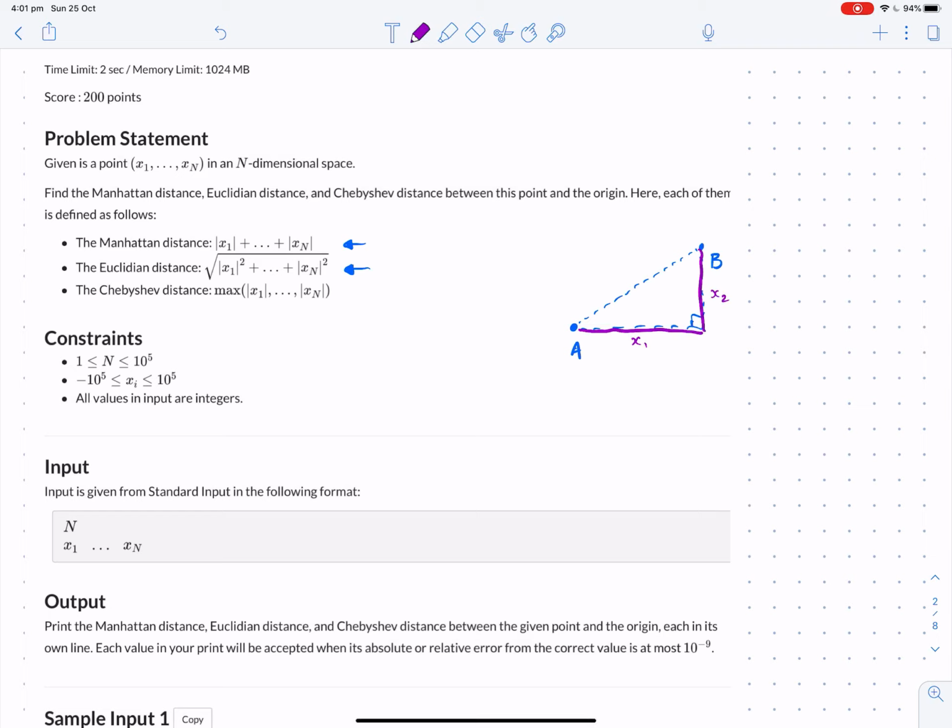Now, if x2 was negative, you still want to add a positive thing. That's why they have absolute values on them. And the Chebyshev distance, I've no idea what that is, but that is the maximum of all these absolute values.